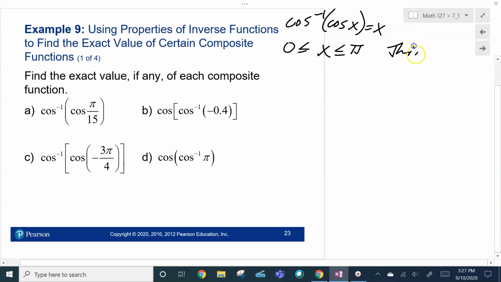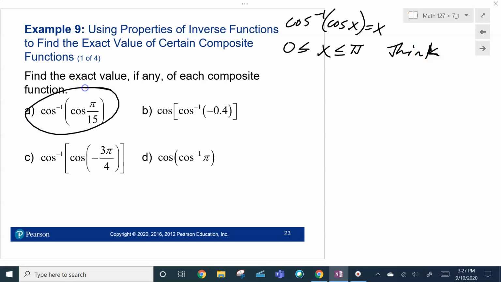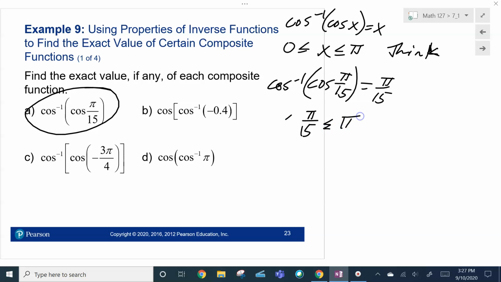Think about it if it's not. So let's do this first one. The arc cosine of the cosine of pi 15ths. Well, that'll just be pi 15ths as long as pi 15ths is less than or equal to pi and greater than or equal to 0, which sure enough it is. So it's just pi 15ths. So that works.